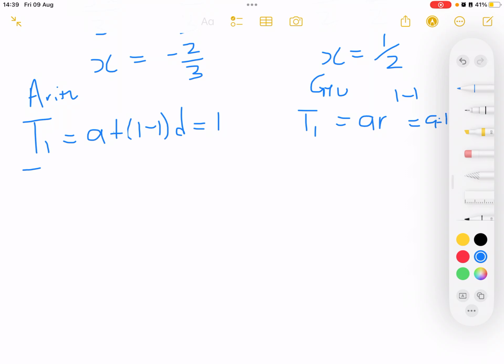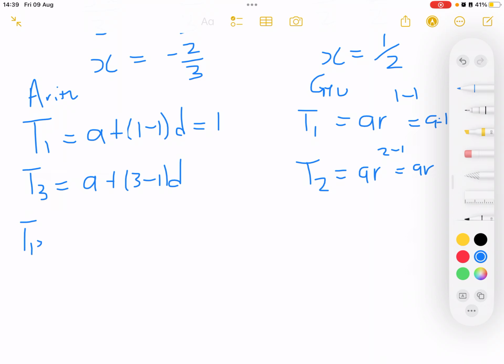Now, term 3, which is given by a plus 3 minus 1 d, is the same as term 2 of the geometric, which is ar to the power of 2 minus 1, which is just ar.